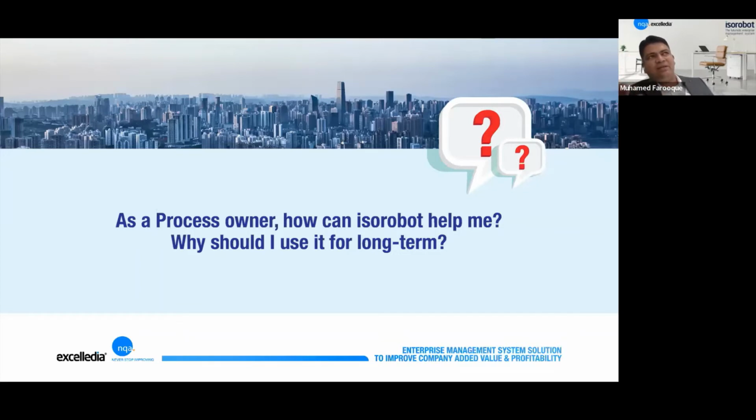Is this process critical? What are the technology and tools used to drive this process? And every single thing about that process. What are the associated risks on this process? How many audit findings we had on this process?